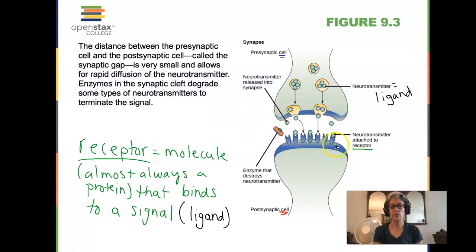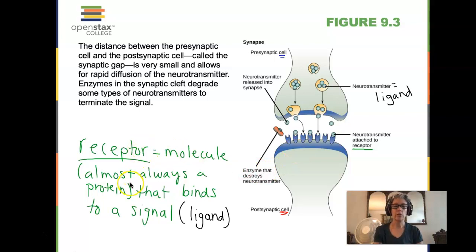That cell has receptors on its surface. Those are going to be proteins attached to the cell membrane of this receiving cell. And the neurotransmitter is the signal. The shape of that signal molecule fits perfectly into the outermost shape of the receptor. And the signal is called a ligand, and the receptor is what the ligand binds to.